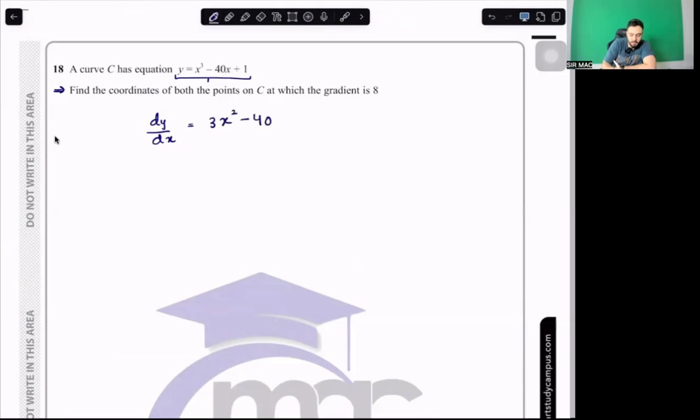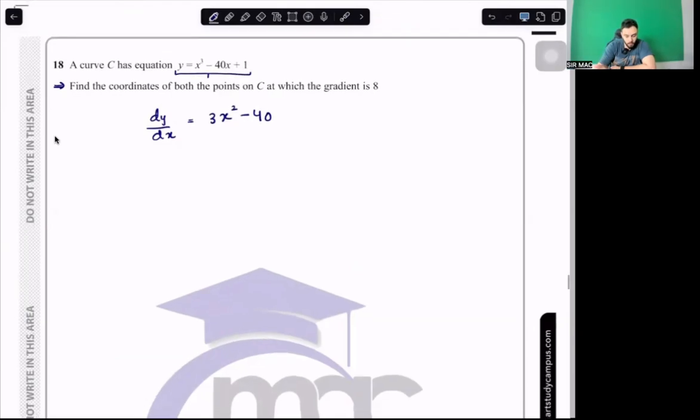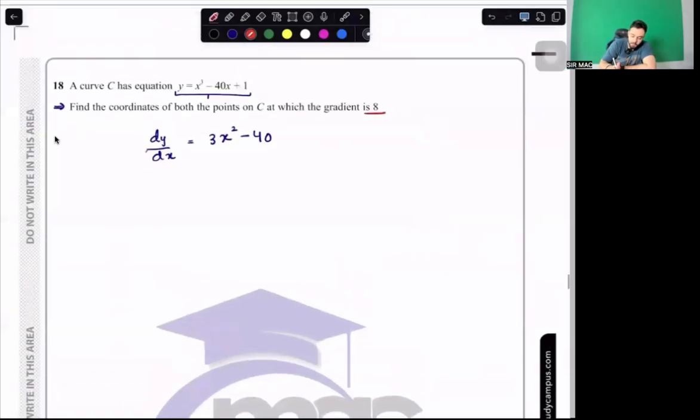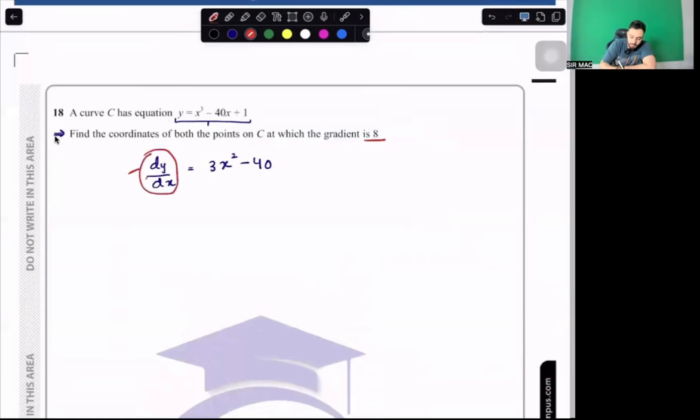The differential gives you the gradient, so dy by dx is the gradient. In place of it you plug in 8 and equate, and from there you work out two different values of x.